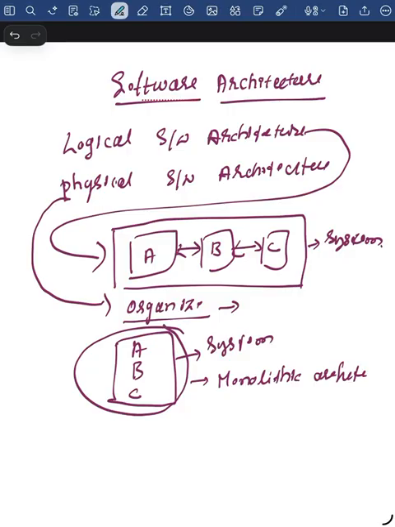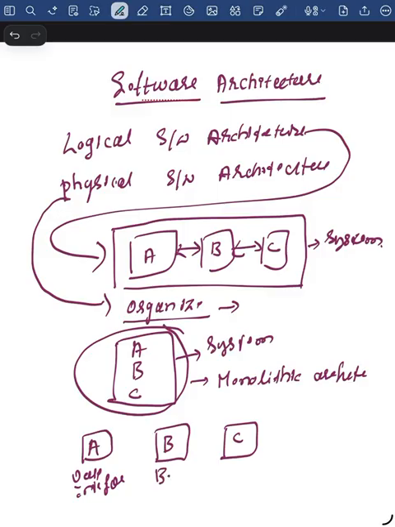If I am separating them, for example, A deals with the user interface, B deals with business logic, and C deals with the database, when I separate them, this becomes the layered architecture.